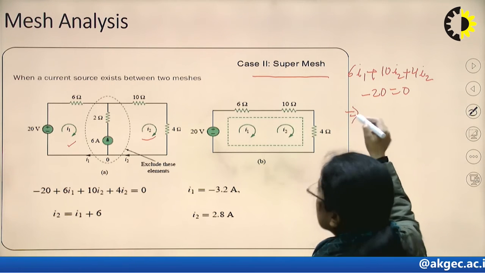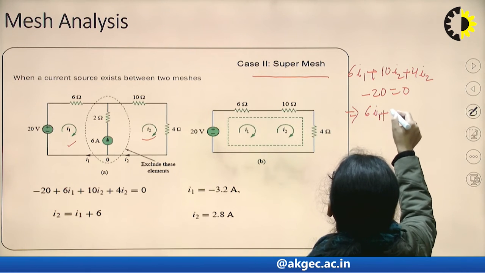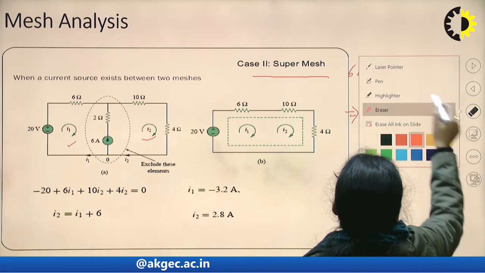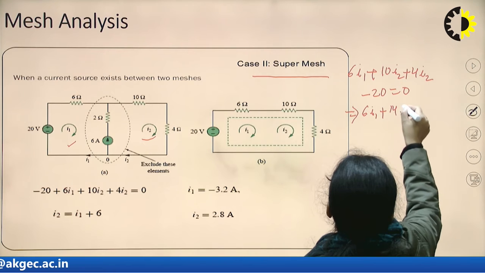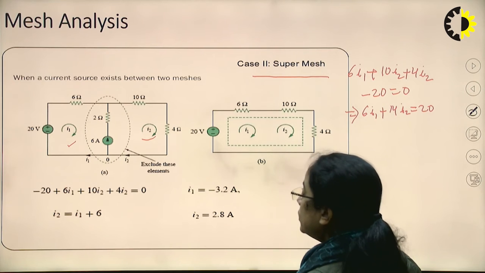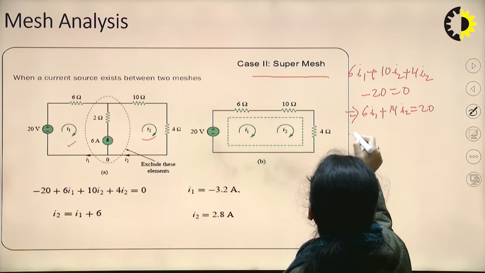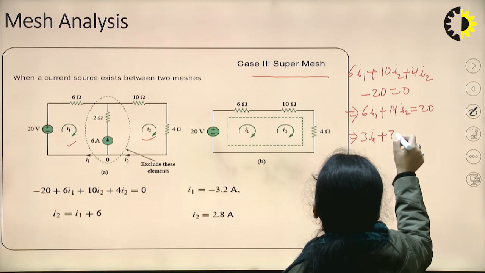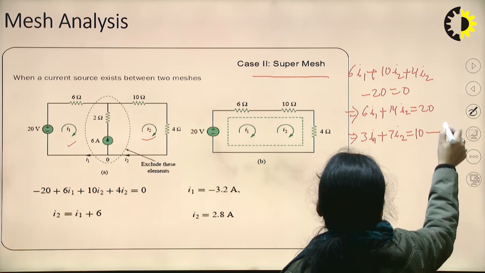That means 6 I1 plus 14 I2 equal to 20. We can write this as 3 I1 plus 7 I2 equal to 10. This is the first equation.